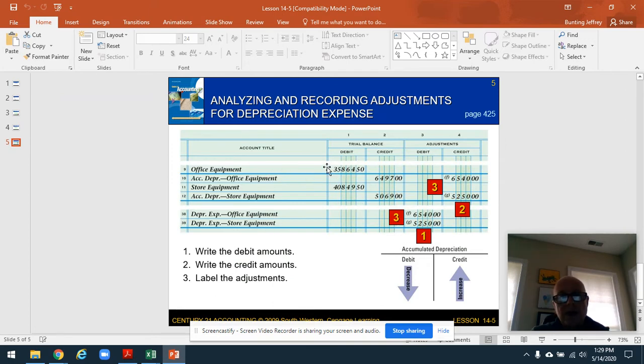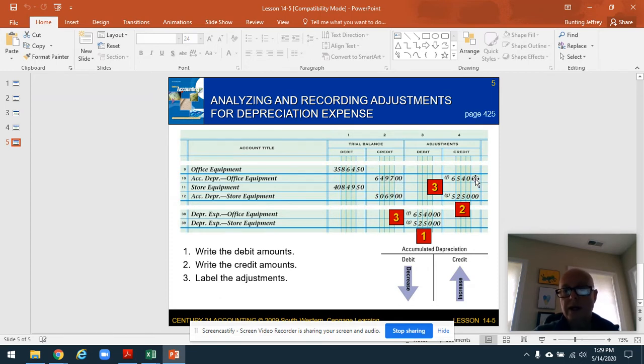So we have the total value of all of our office equipment entered here. You can itemize it if you want. You're going to have schedules, though, that record each individual item where you record your accumulated depreciation. Don't worry about it. You record the sum. And then here's your accumulated depreciation of all your office equipment from prior years.